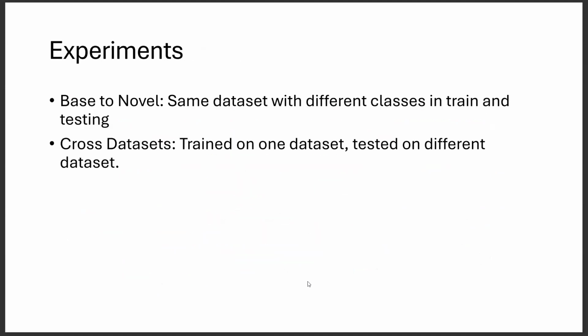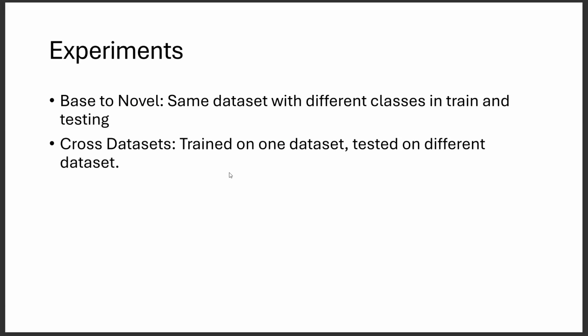So the experiment is in two settings. One setting is base-to-novel. Base-to-novel means they use the same dataset for testing, but the classes in training and testing are different. They're from the same dataset, but they're not the same classes. Another setting is cross dataset.